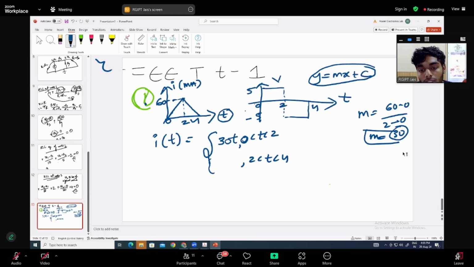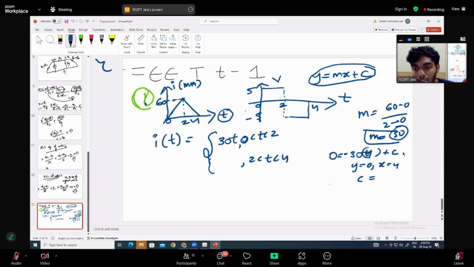And secondly, for the interval 2 to 4, the same equation has to be applied. Here the slope is 30, but it's a negative slope, so minus 30. In the place of x, we'll be taking t. To calculate the value of c, again we have to use this: as this line is passing through the point y equals 0 and x equals 4, substitute the values over here, minus 30 into 4 plus c equals 0.